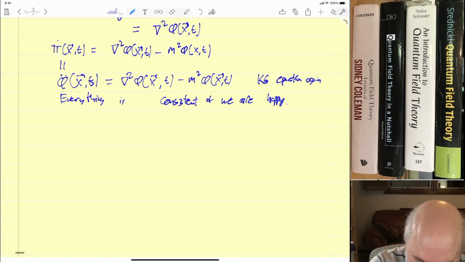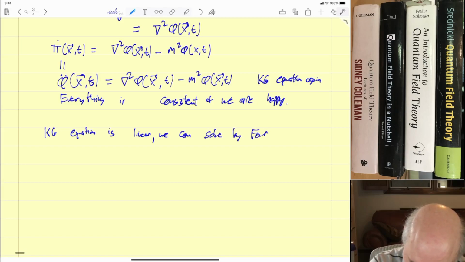Okay, now let's just go back to exploring the quantum field theory again. The KG equation is linear, so we can solve it. We can solve by Fourier integrals.